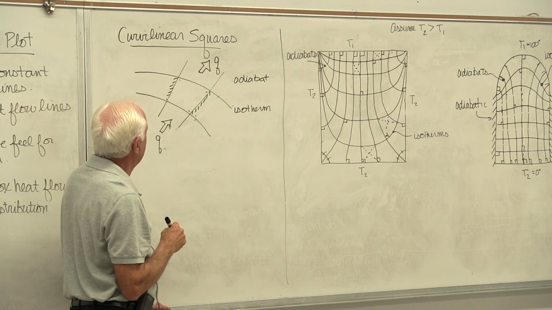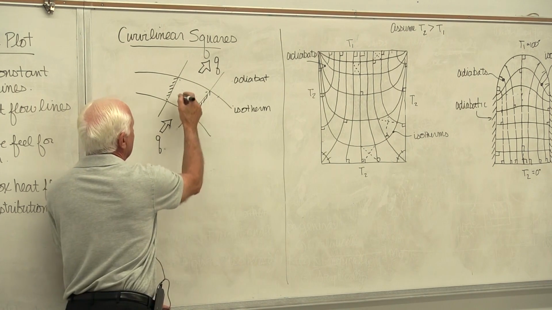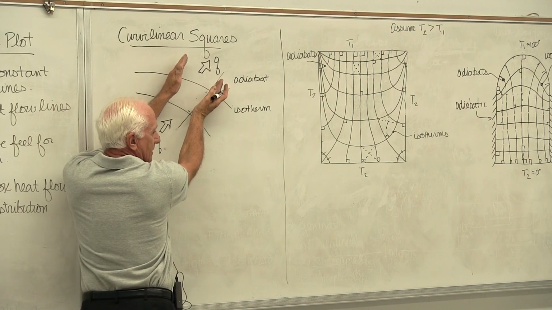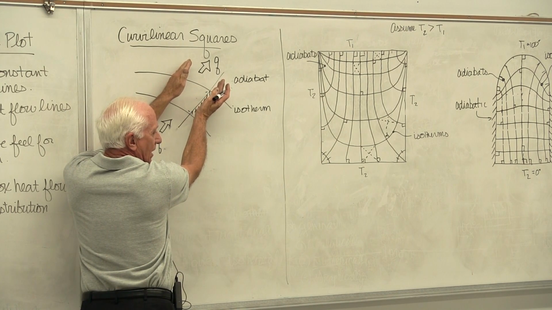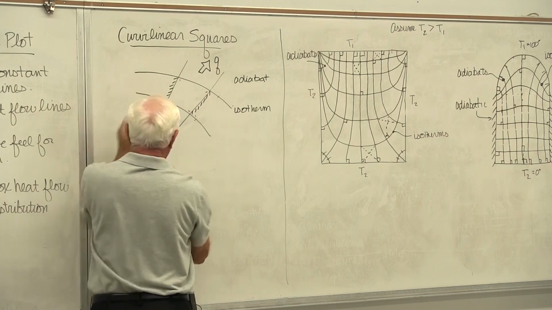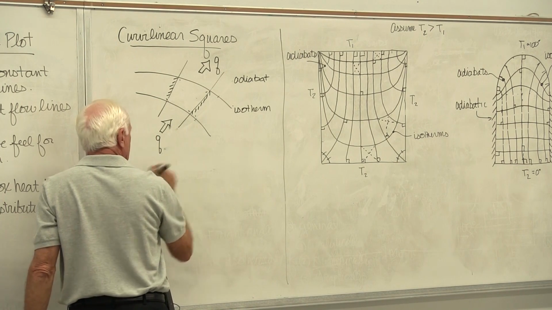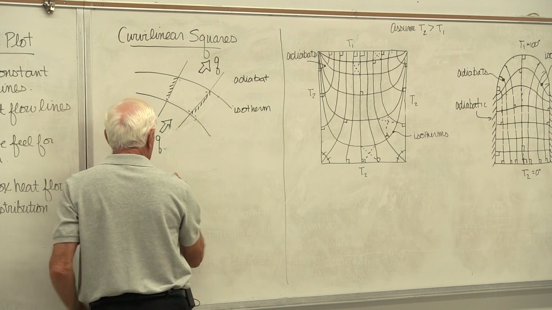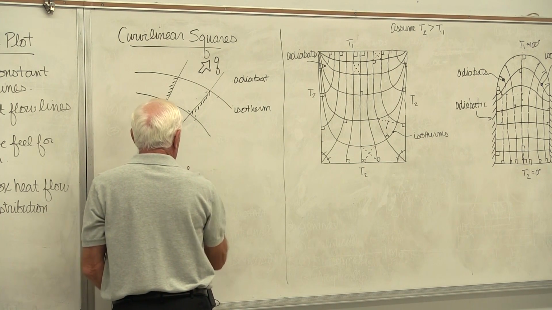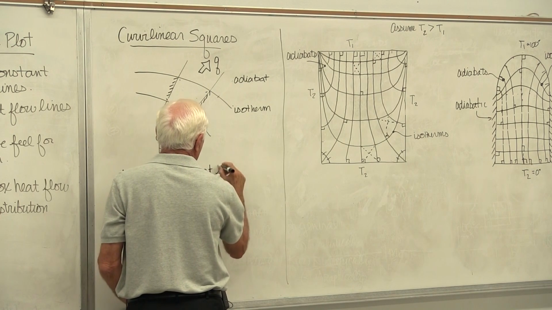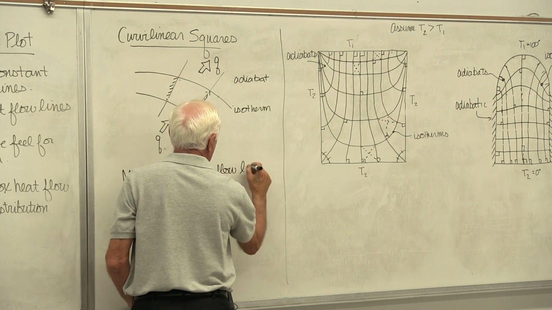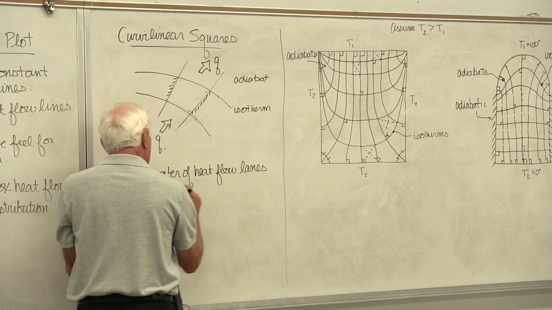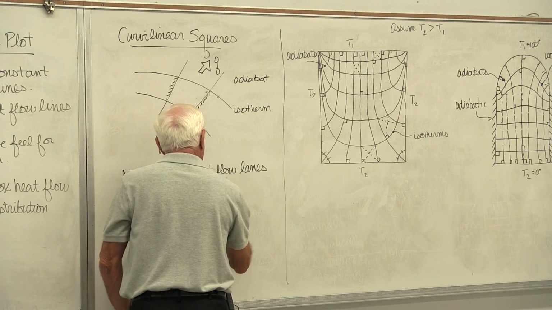Okay, so that's our heat flow. By the way, this thing right here, between my two hands, is called a heat flow lane, L-A-N-E. After you make the sketch, as best you can with curvilinear squares, M is the number of heat flow lanes. N is the number of equal temperature increments.